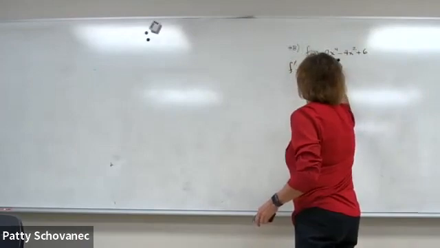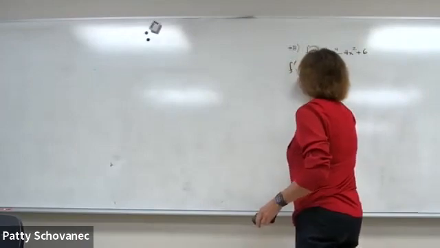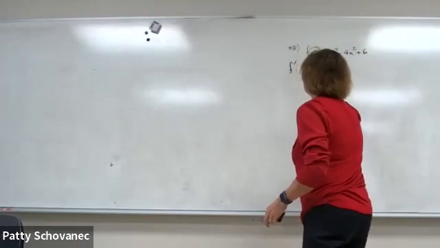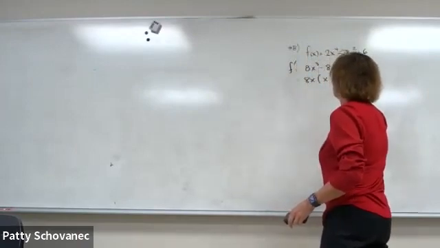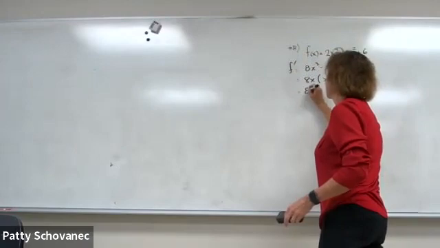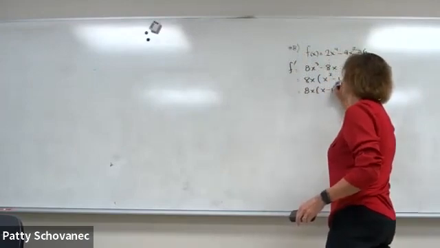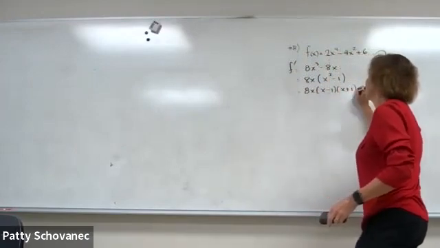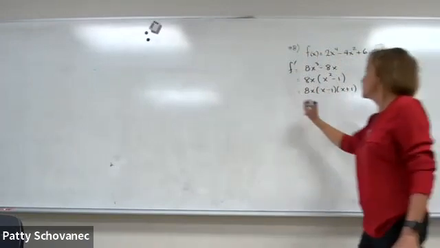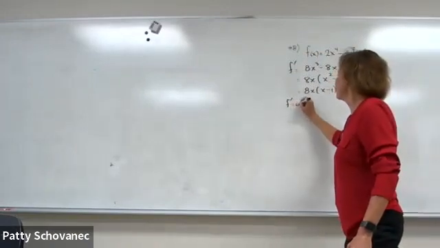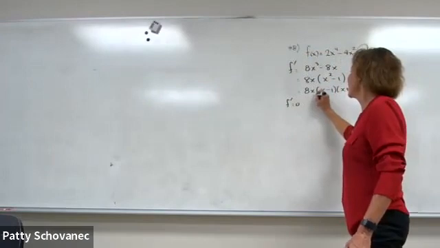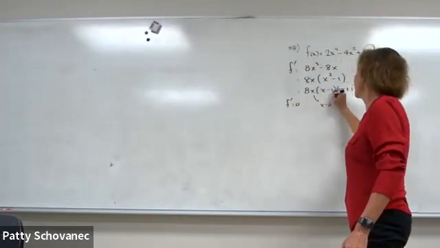8x cubed minus 8x. Factor out the common factor of 8x, leaving us with x squared minus 1. And that factors as the difference of squares. So f prime is 0 when every factor is 0. So 8x is equal to 0 when x is 0.